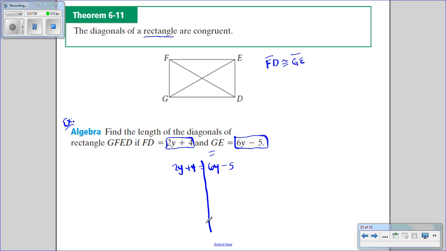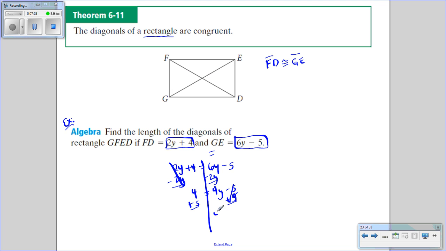Now I'm going to solve this for y. First, we're going to bring the y's together, so I'm going to move the smaller y. So that gives me 4 equals 6y minus 2y is 4y minus 5. Next, I'm going to add 5 to both sides.